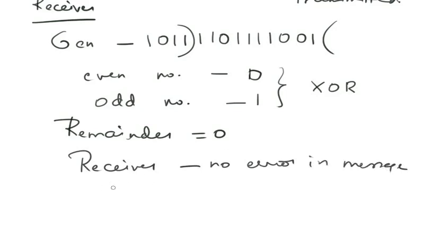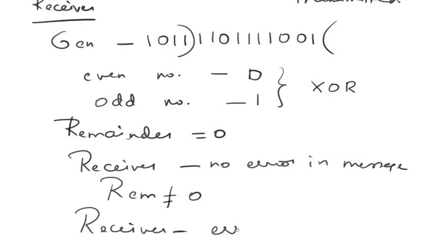Now if the remainder is not equal to 0, then the receiver will understand that there is an error in the message.